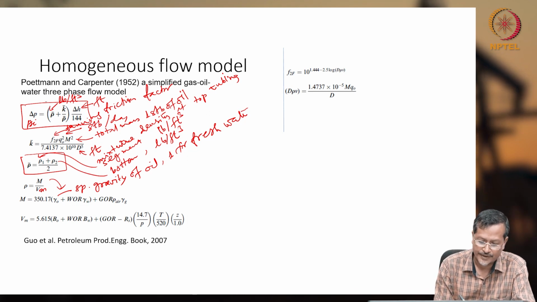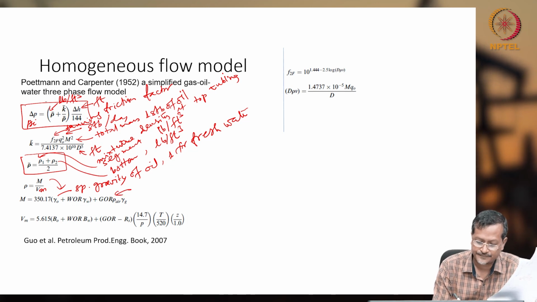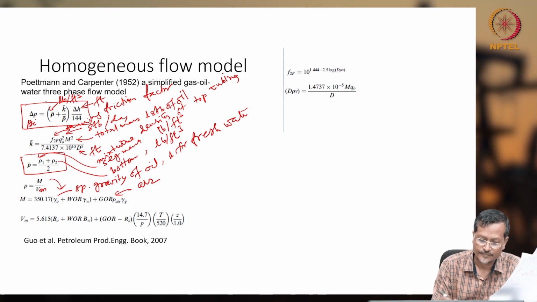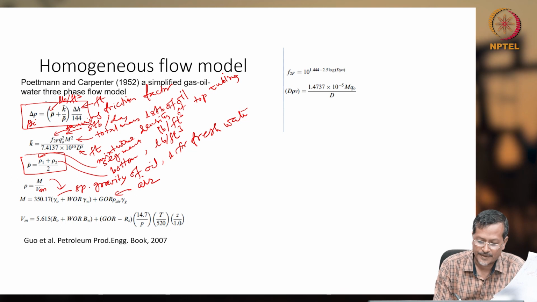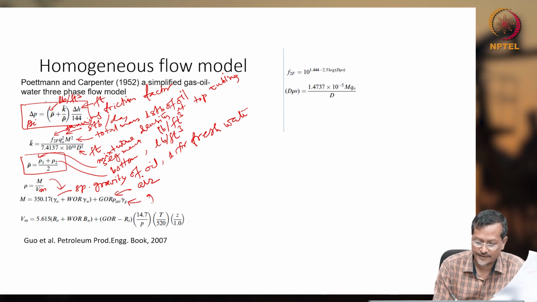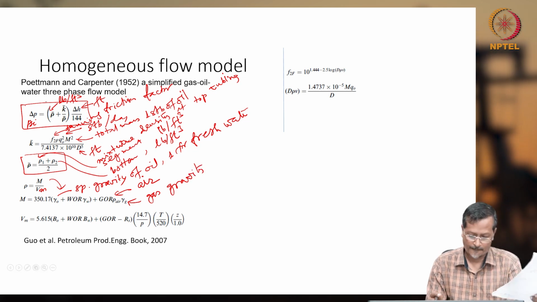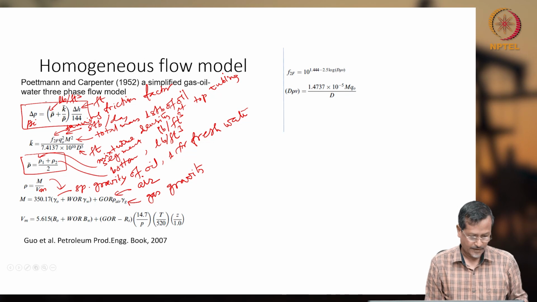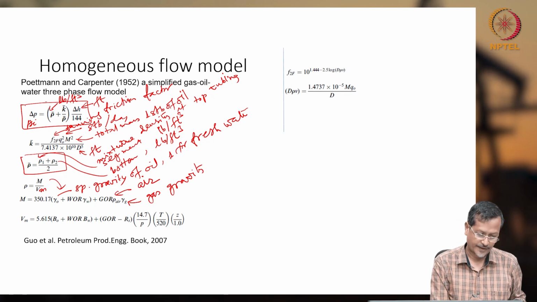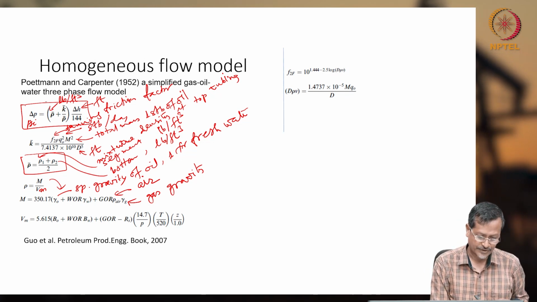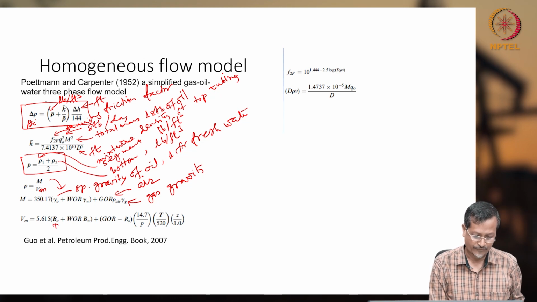This is GOR, you already know, the gas oil ratio, rho air is the air density, and gamma G is the gas specific gravity.